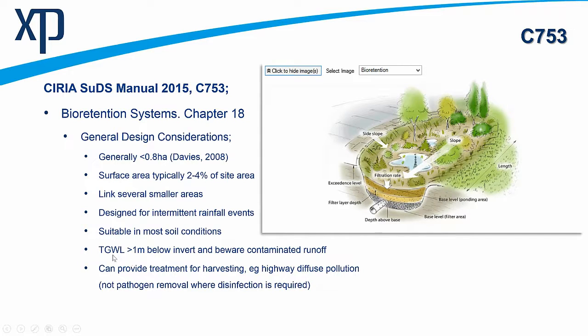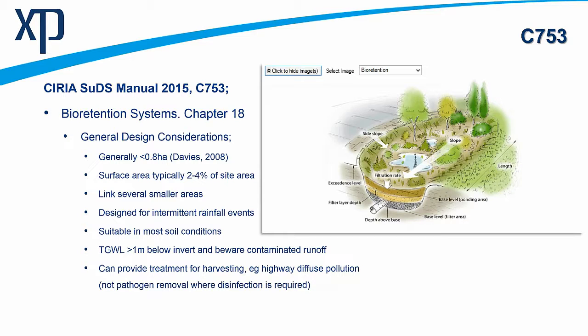And the other thing is the top ground water level, TGWL, the top ground water level below the invert level of the filter media should be at least 1 meter below the invert level of the bioretention system. And we also need to be aware or beware of any contaminated runoff.